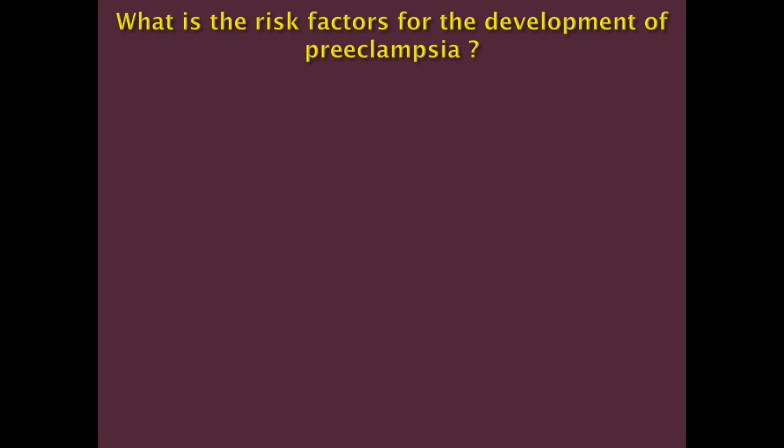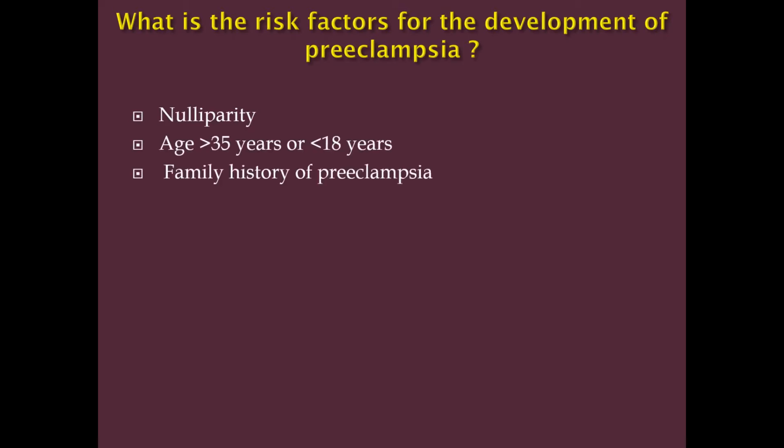These risk factors include nulliparity, age more than 35 years or less than 18, and a family history of preeclampsia, specifically in a first-degree relative.